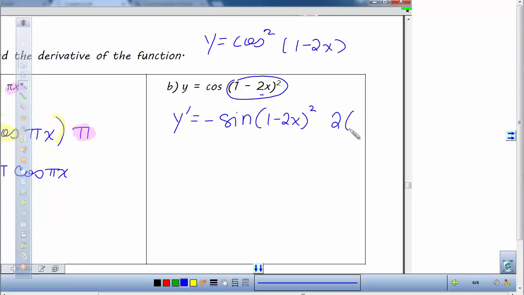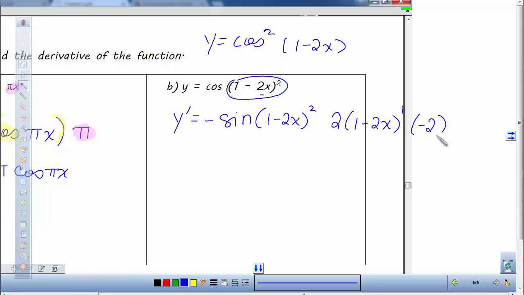And this has an inside, right? So I'm going to say 1 minus 2x to the first. And I still have to take the derivative of this inside. The derivative of 1 minus 2x is what? Negative 2. Questions about that?